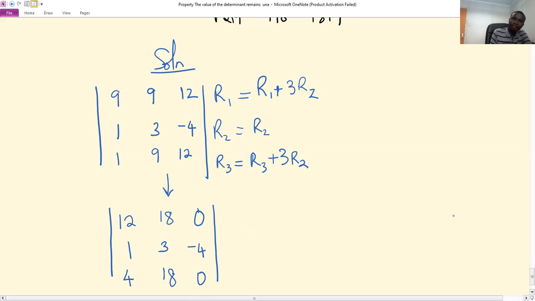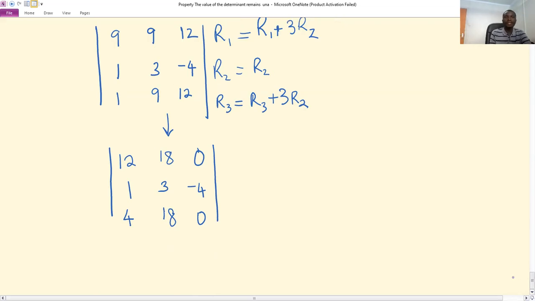And so we have this determinant, which is the same as the original determinant, because what you have done is just transform by adding scalar multiples of a row to another row. Now you see here, in this row, you can factor out 6. 6 is common to this and this element here. So factor out 6, and the row becomes 2, 3, 0.